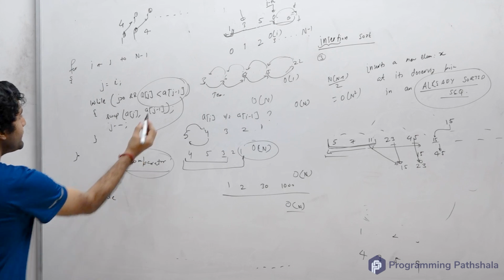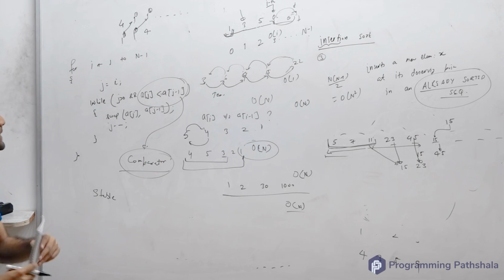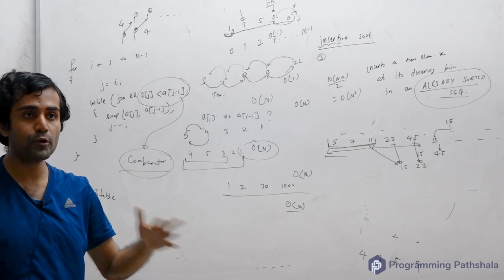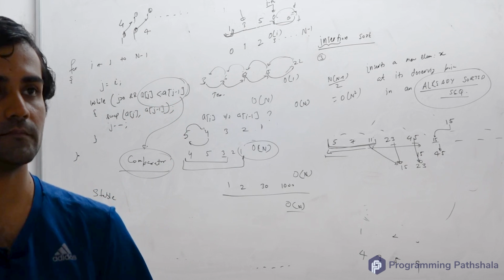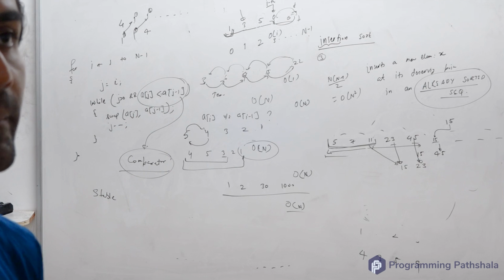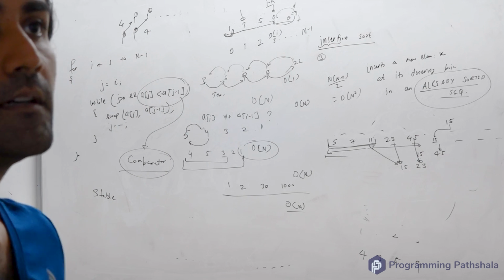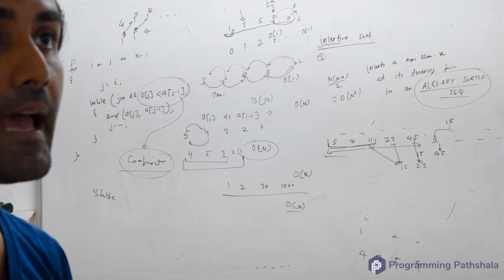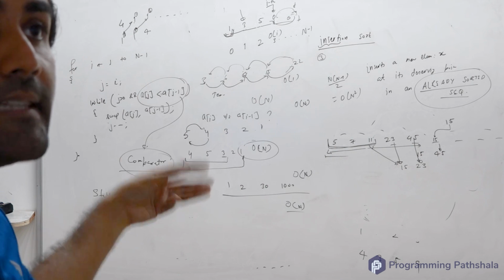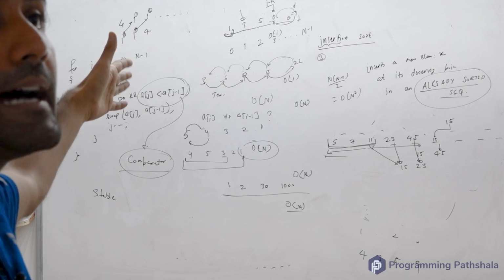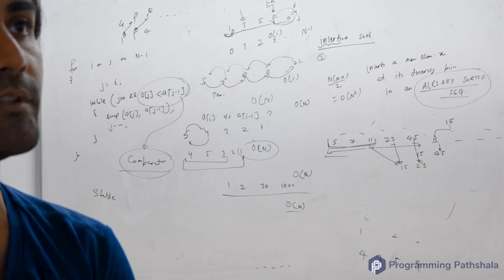But what if I change it to this? Let's do it piece by piece. If I change it to this, will my output array become unsorted? No. But what will go wrong? It will become unstable, and highly unstable, because now the first occurrence would come at the last position and the last occurrence would go all the way back to the first position.